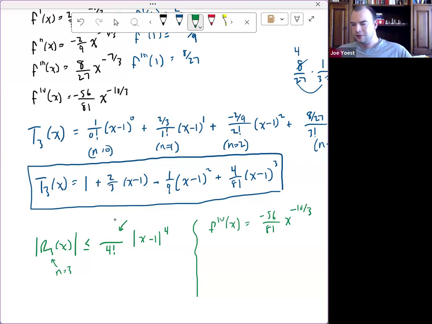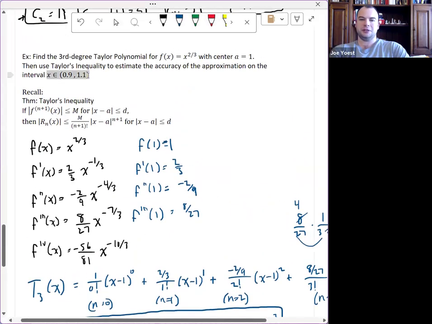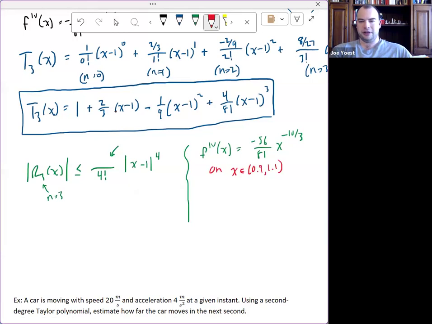Okay, so let me switch colors here. x in 0.9 to 1.1, that was my interval of interest. I'm doing the approximation at the center, a equals 1, and I'm going 0.1 to either side. And my question is, what's my upper bound for my error? My fourth derivative, I notice, is decreasing on this interval.